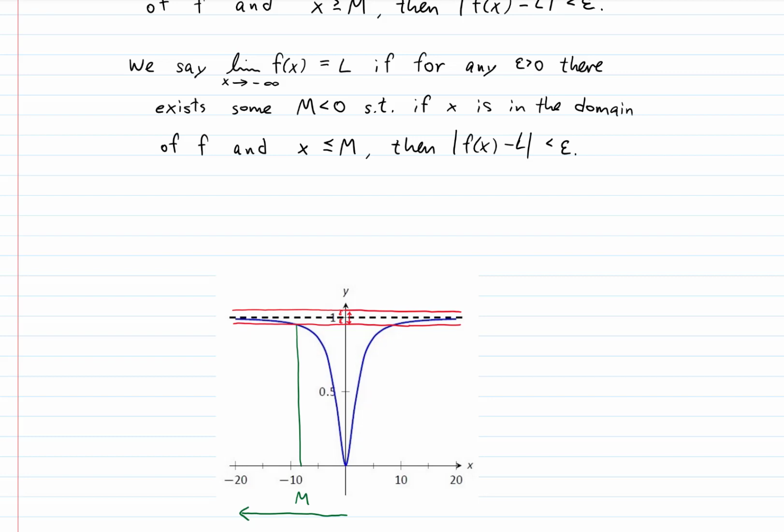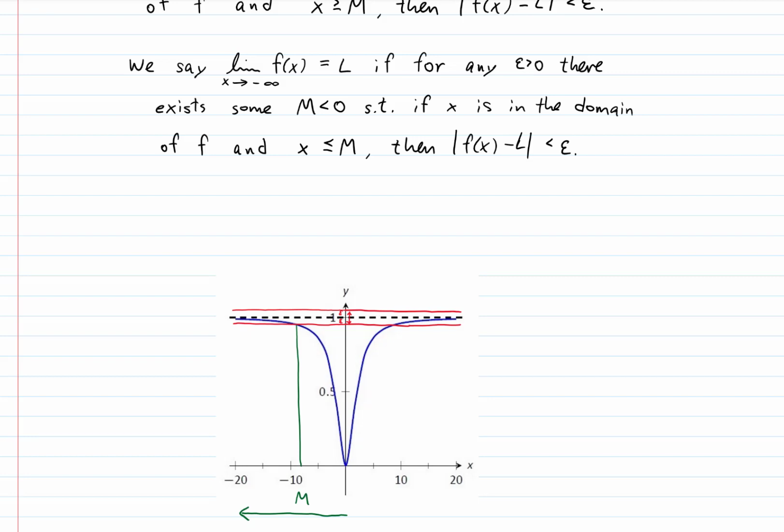Now let me just demonstrate for you. I'm going to prove that both of these limits, well, let's just do the positive one. Well, no, actually, for this particular one, because that graph is symmetric, you see how the right side is just a mirror image of the left side. So in this particular one, I can prove to you that the limits at infinity and negative infinity are both 1. Okay?